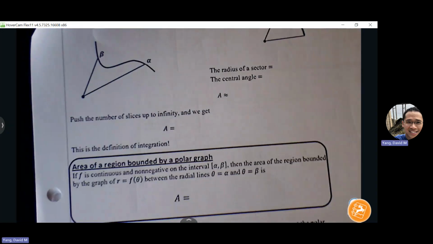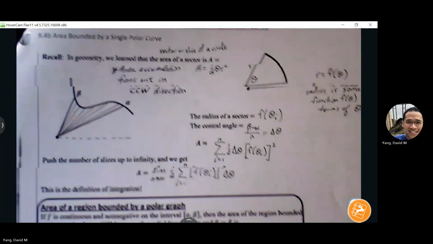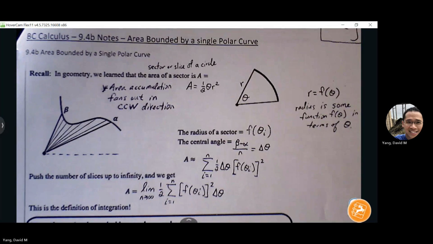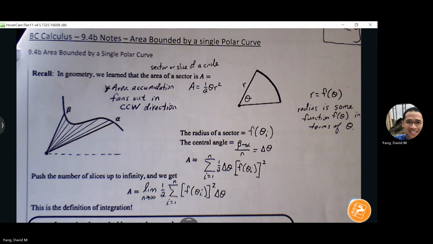Okay, let's begin our notes on page 45. Anybody still need to look at number 7?